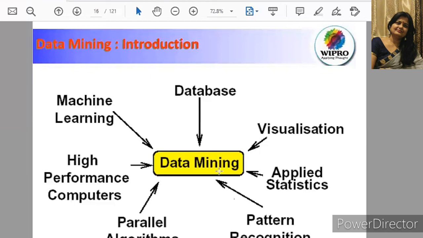So machine learning and data mining go hand in hand. Sometimes to design a machine learning algorithm, you need to first do the data mining and find out the decision attributes. And it is vice versa also. To design any data mining algorithm, you need to implement certain machine learning algorithms as well.